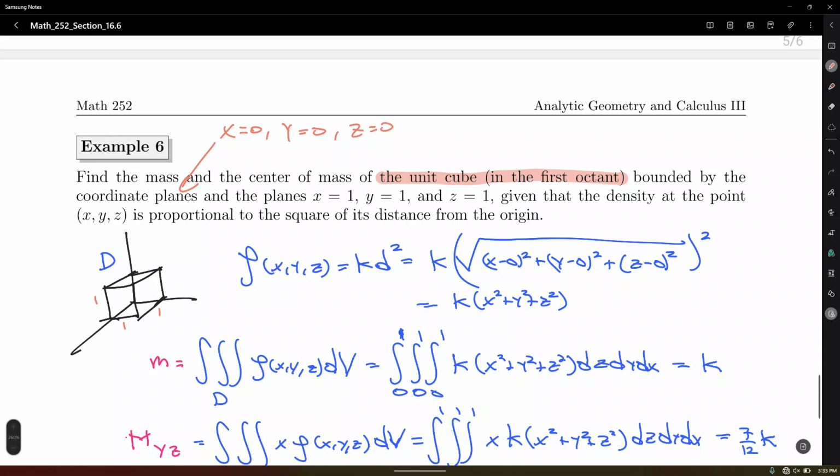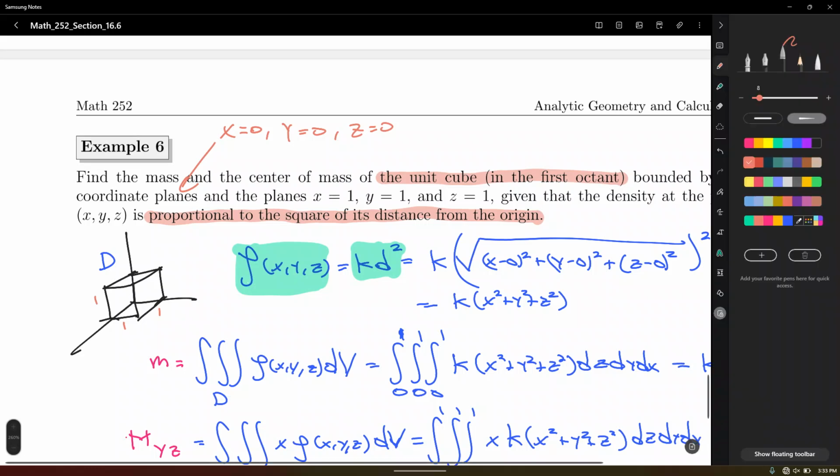All right. Given that the density at the point x, y, z is proportional, again, this is going to take us back to the square of its distance from the origin. So the density function, rho of x, y, z, is going to be k times the distance squared. Again, if we place these points, right here is the origin 0, 0, 0, and any point on the cube, that's going to be x, y, z.